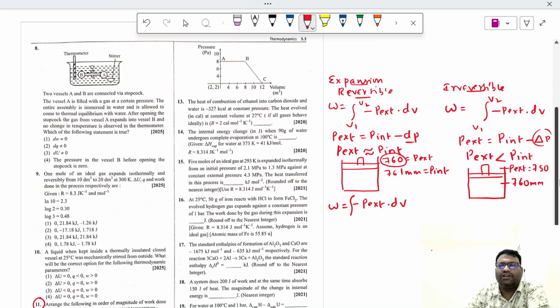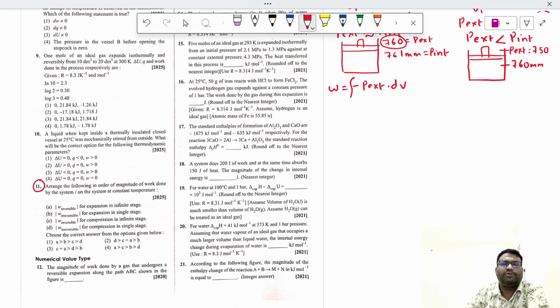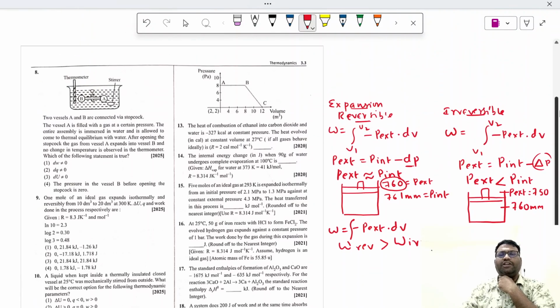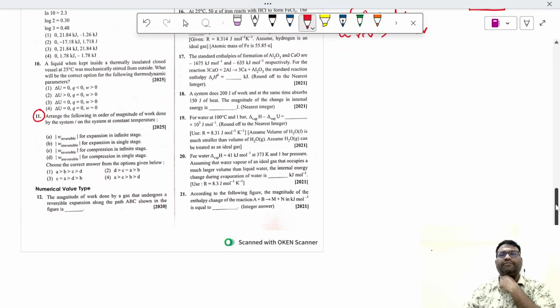So work done in reversible process is greater than work done in irreversible process. Understood? This is in the case of expansion.